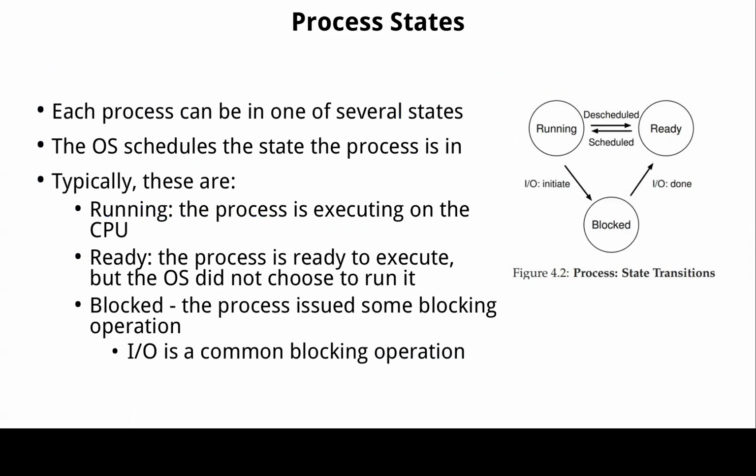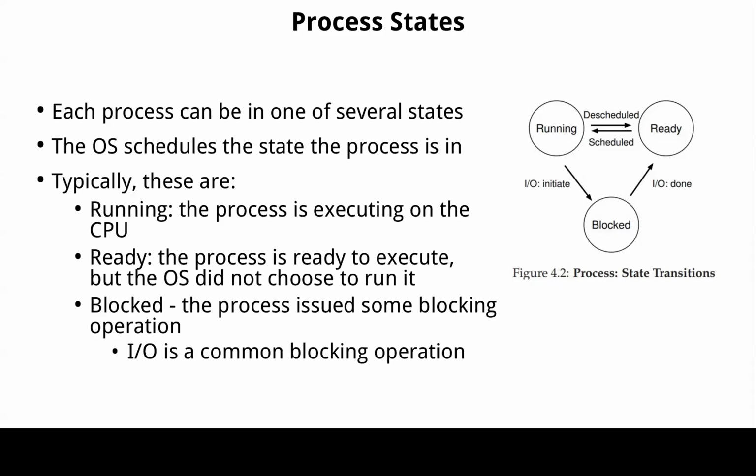So a process is running, then the operating system may decide I want to switch to another process. Then we will schedule another process, and the current process turns from running to the ready or runnable state. Later, the OS may schedule that process again, so it goes back to the running state.